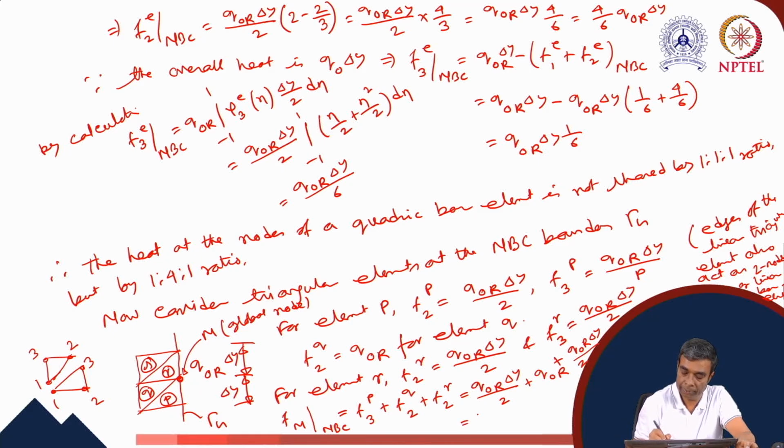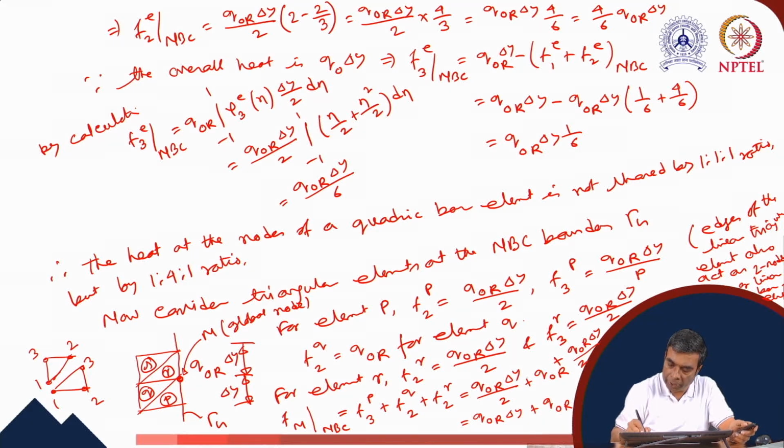So we get Q0R delta Y by 2 two times, so it is added, and we have another Q0R. So this is Q0R into delta Y plus Q0R.